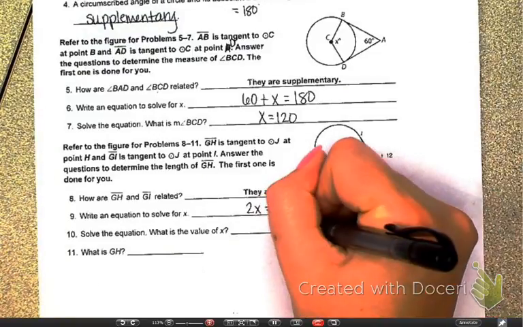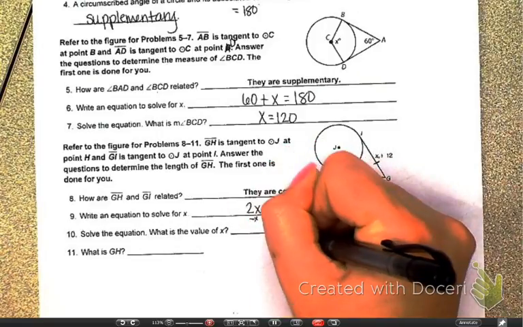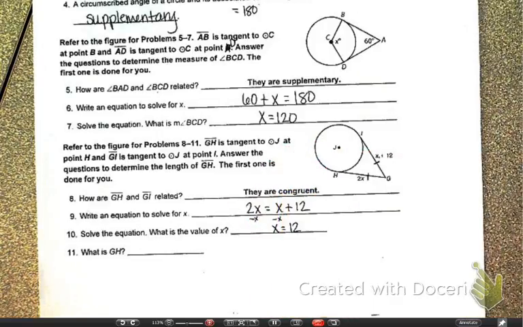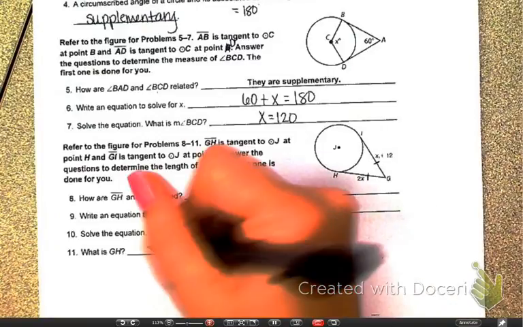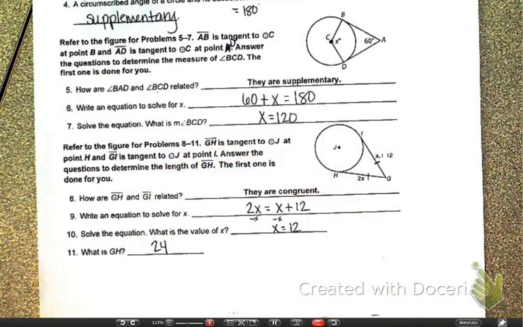So I would subtract x, and I get x equals 12. And I want to know what GH is. How'd you get 24? You plugged it in, right? 2 times 12 is 24. If I plug it into GI, should I get the same answer? Yeah, because they're congruent. Do you get the same answer? Yeah, 12 plus 12 is 24.